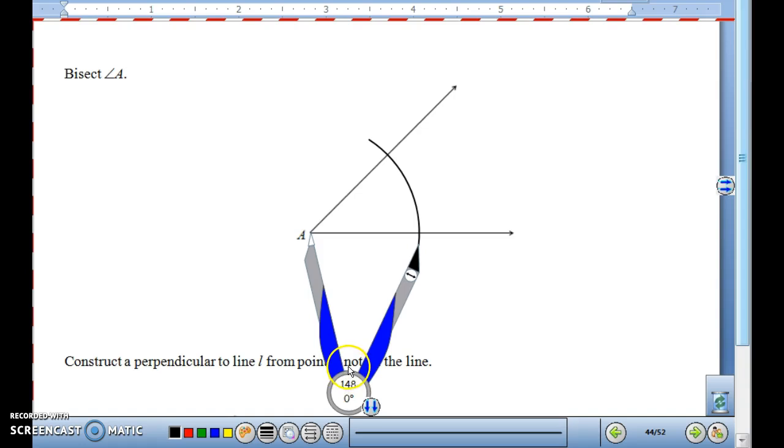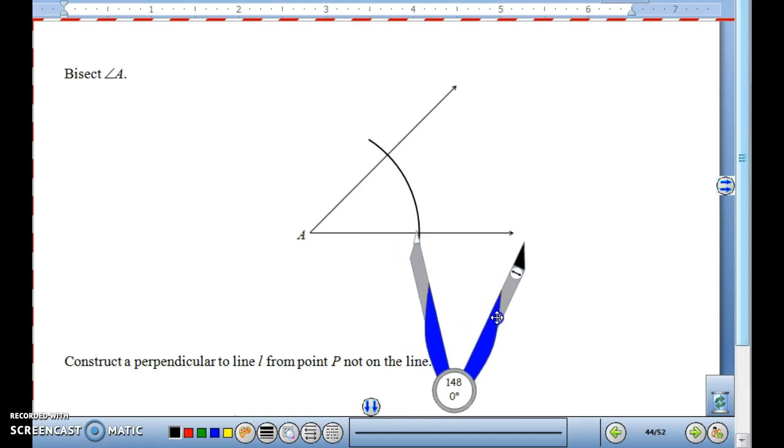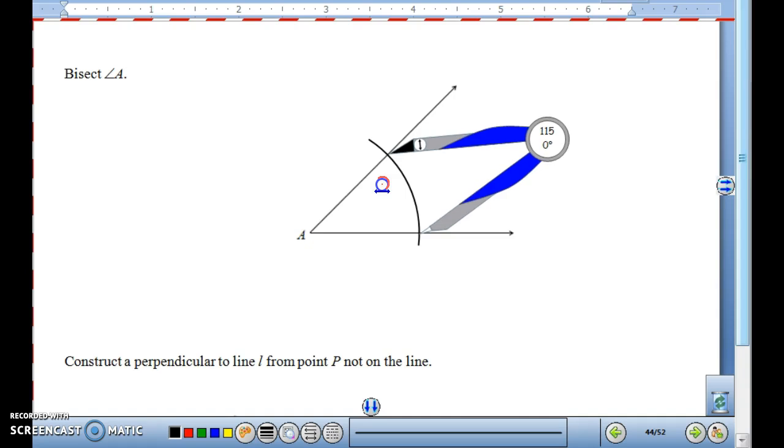And then we have to measure how wide this is. So you take your compass, put it on one point, and open it to the other point right there. Now, we want each point on the angle bisector to be the same distance away from each side.